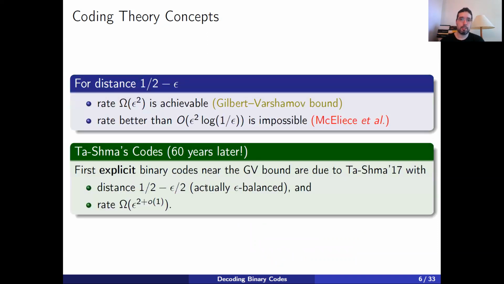And it took many years for an explicit construction to emerge. In 2017, Ta-Shma gave a beautiful construction achieving a rate very near the GV bound. Here you have a rate of epsilon squared plus a little o term that goes to zero as epsilon vanishes. So it's a very nice result.